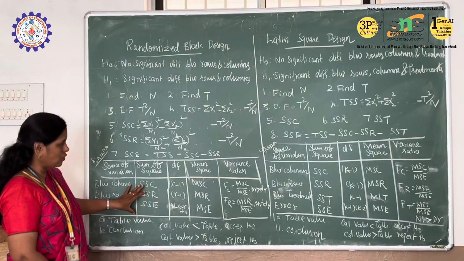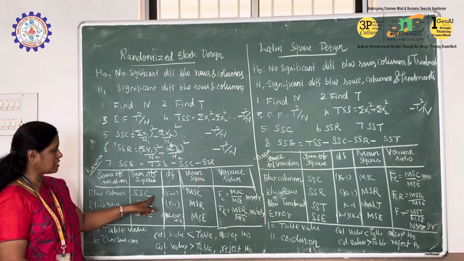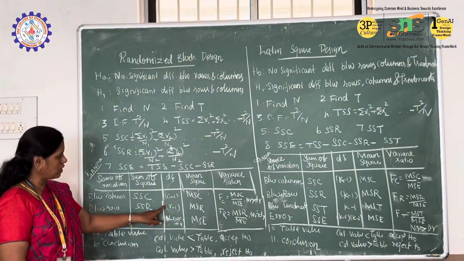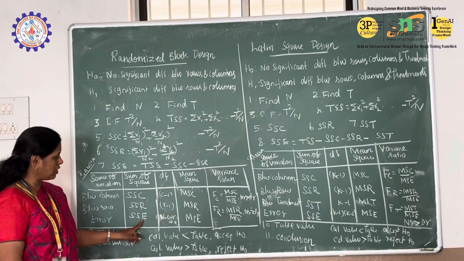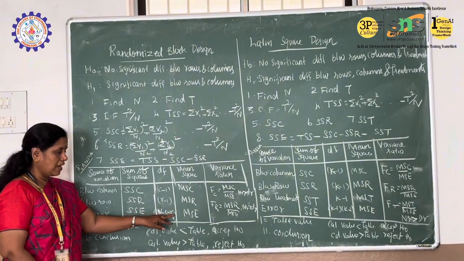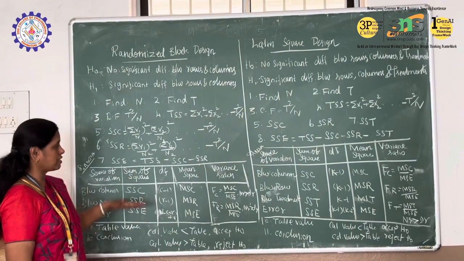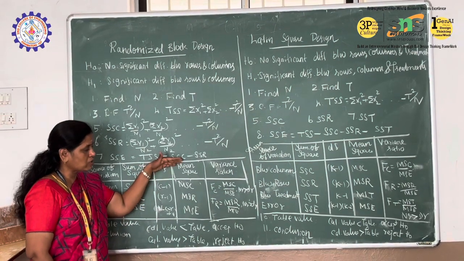After substituting these values we calculate the corresponding degrees of freedom. For SSC it is c minus 1, for SSR it is r minus 1, and for SSE it is n minus c minus r plus 1.